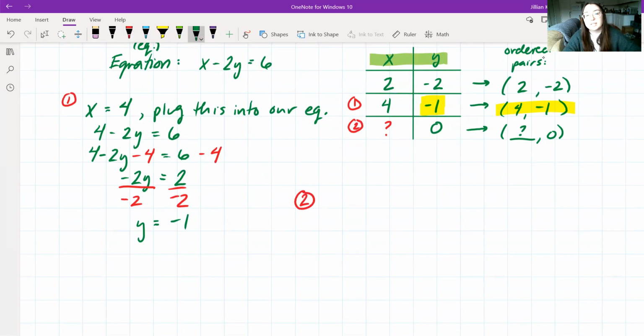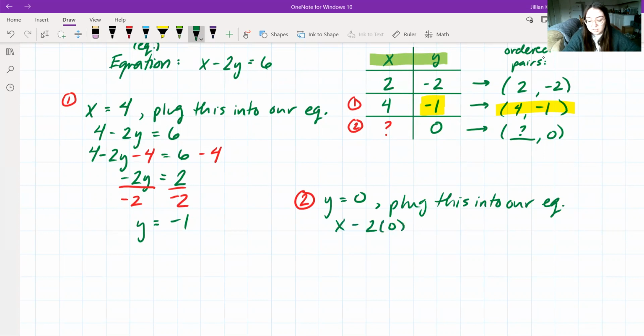We don't know our x value, but we do know our y value. So we're going to say y is equal to 0. And we're going to plug this into our equation. So plugging this into our equation, we're going to get x minus 2 times 0 is equal to 6.